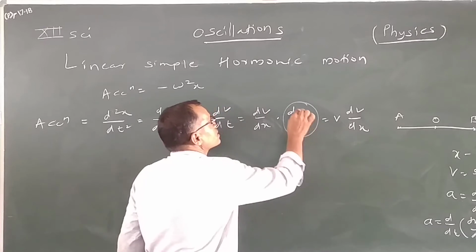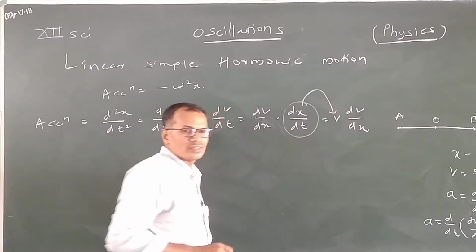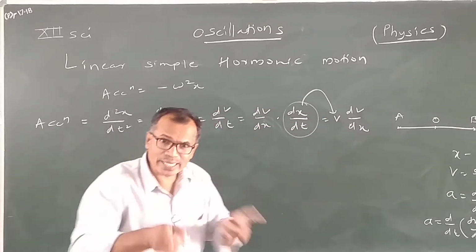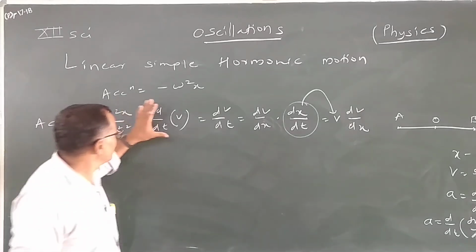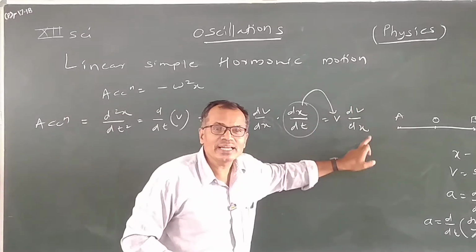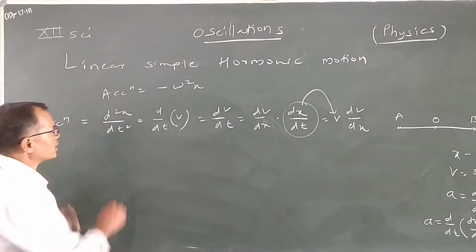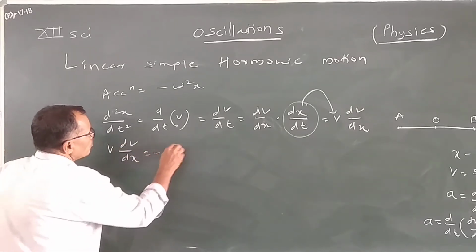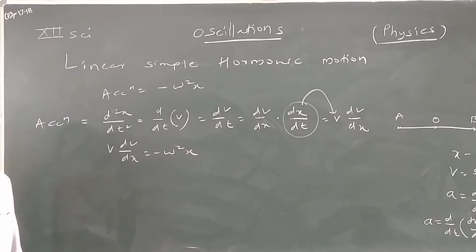Instead of dx by dt, I have put v, and the remaining term dv by dx is the same. So instead of acceleration we can write v dv by dx. So this equation will become v dv by dx equal to minus omega square x.